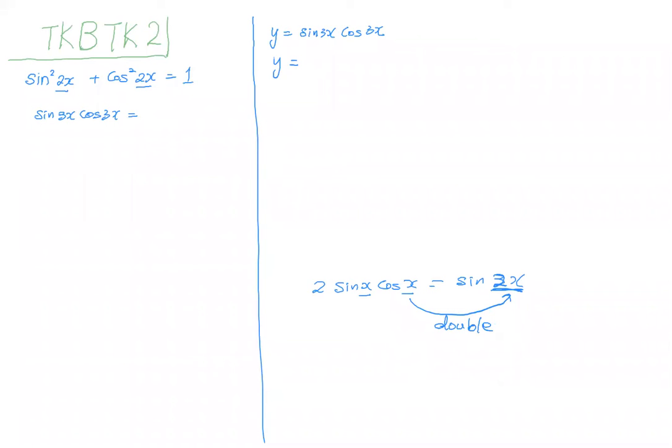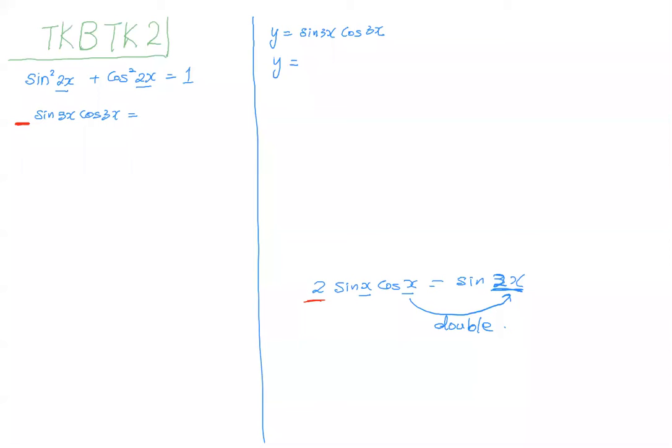So now, can you please tell me what is the value for this one? How can I simplify this to one single term? Sine 6x. Okay, do you see what is the difference between this one? Is there a 2 there?